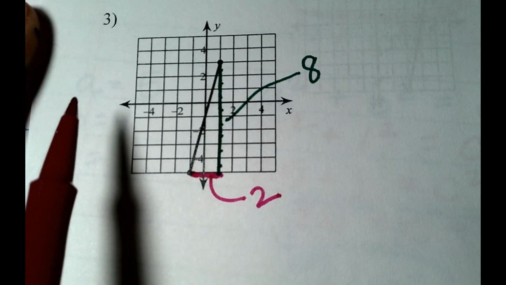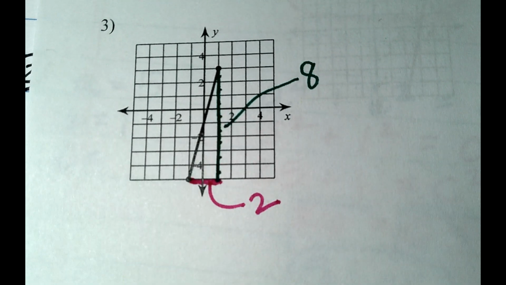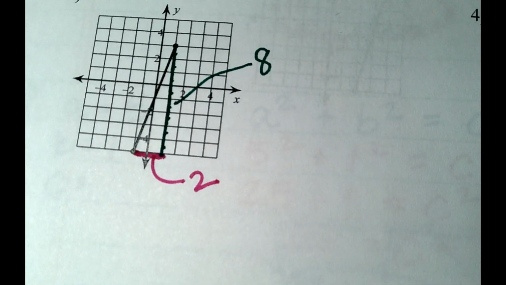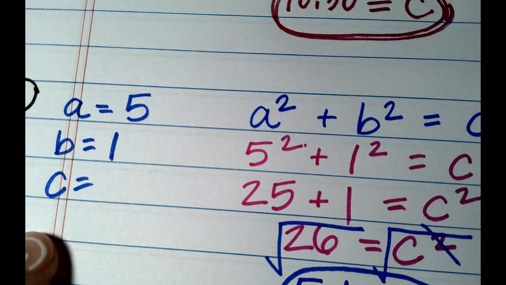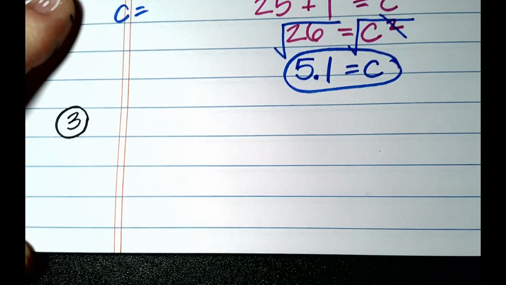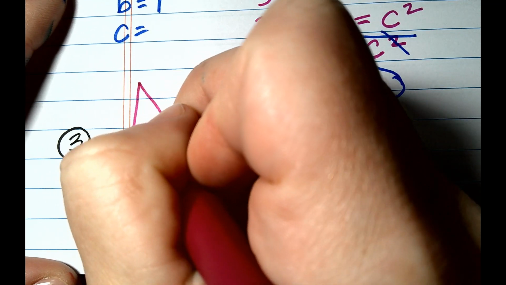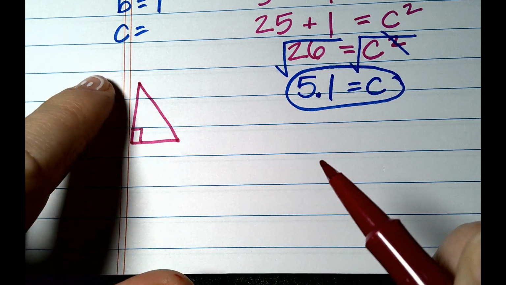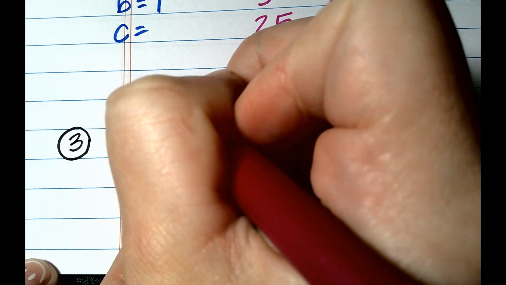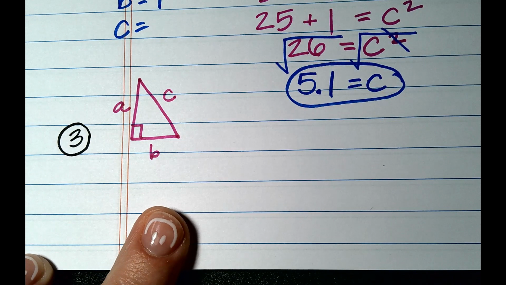So now that we have this, I'm going to move over to my note page. And let's remember what's really happening here. When I have my triangle and my straight up and down, I've got an A and a B. C is going to be that diagonal longest side.